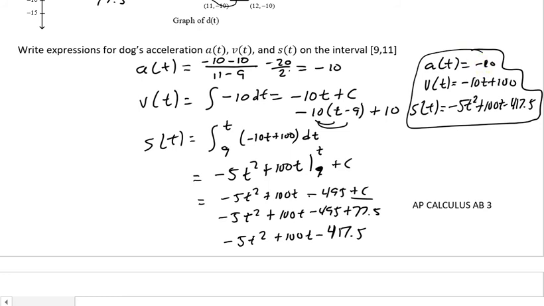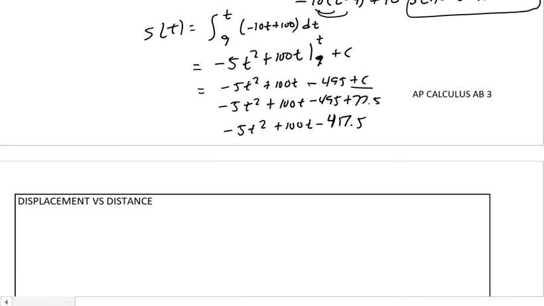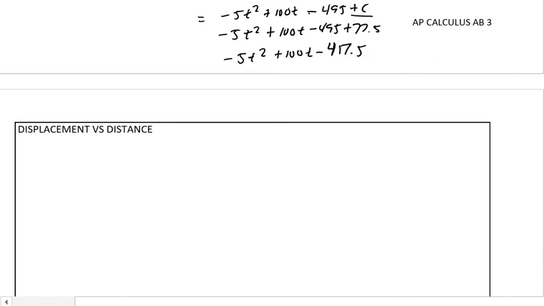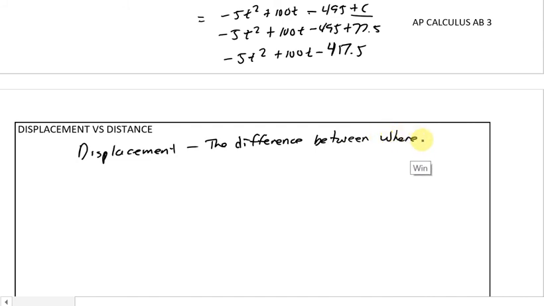Alright, now we talk about displacement and distance. Displacement, that is going to be the difference between where we started and where we ended.